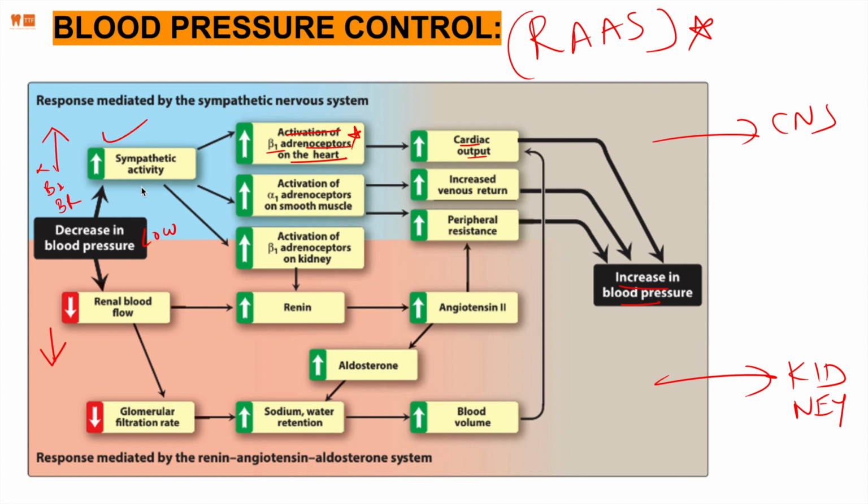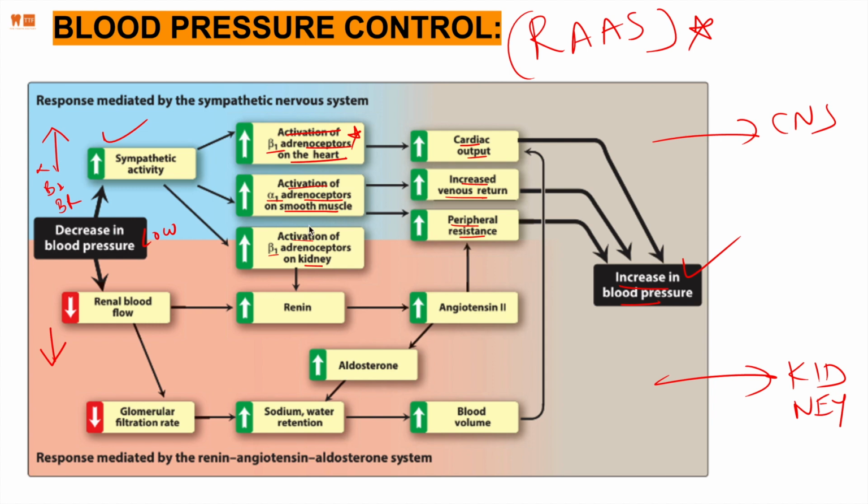When the sympathetic system is activated, there is also activation of alpha 1 adrenoreceptors on smooth muscles, such as vessels, and they cause an increase in venous return, an increase in peripheral vascular resistance, leading to an increase in blood pressure.